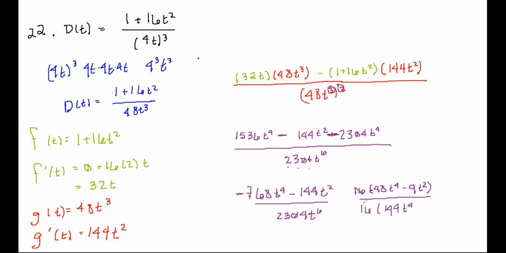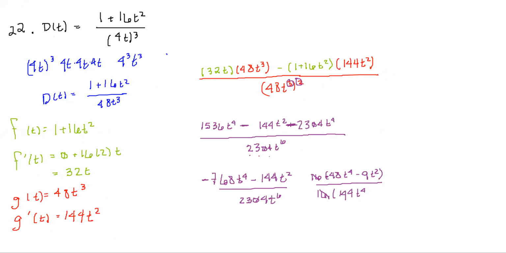I'm going to cancel out those 16s right there. So our final answer is going to look something along the lines of negative 48 minus, or t to the 4 minus 9t squared over 144 t to the 6. Yes, you could.